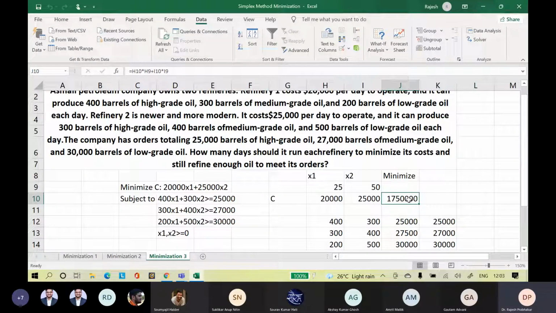Refinery 1 should run for 25 days, refinery 2 for 50 days, and the minimum cost would be $17,50,000, and they will meet all the required orders. Okay, sir. Sir, is it an optimized solution? Yes, the optimized solution.